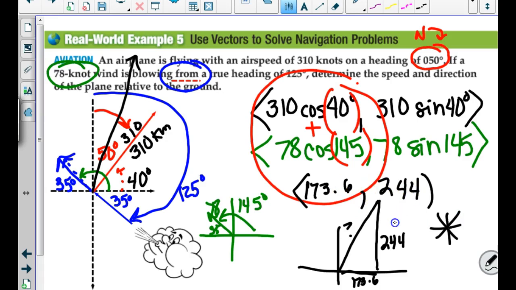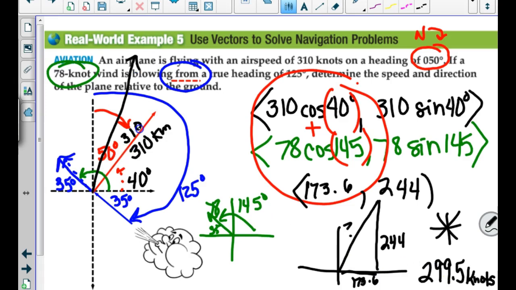So can you do that with those numbers? 173.6 squared plus 244 squared, and then square root that answer. Anybody get about almost 300, 299.5? Okay, that's how many knots the plane's resulting in.